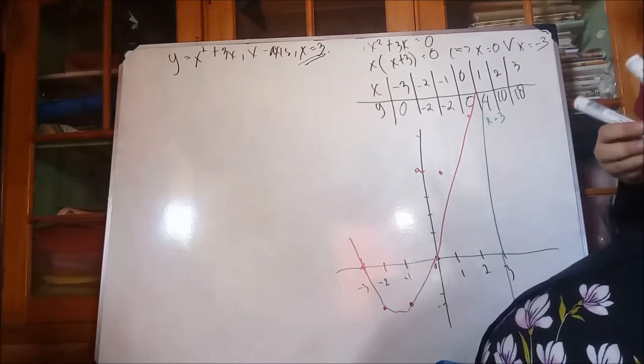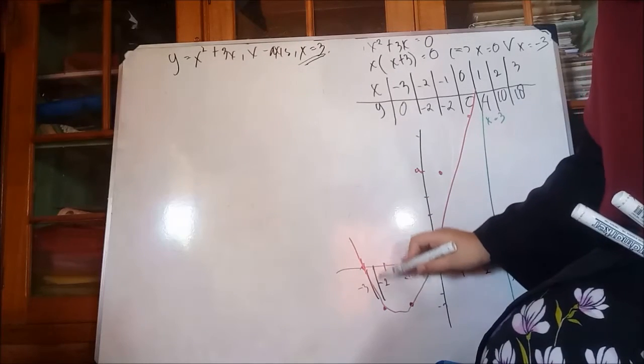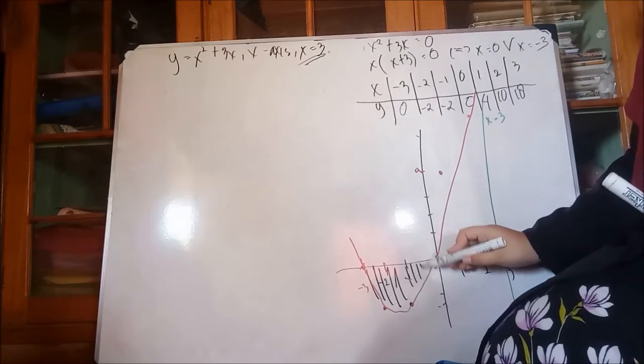Because we have the interval as the x-axis and the line x equals 3, it means that we have a region in here and then in here.